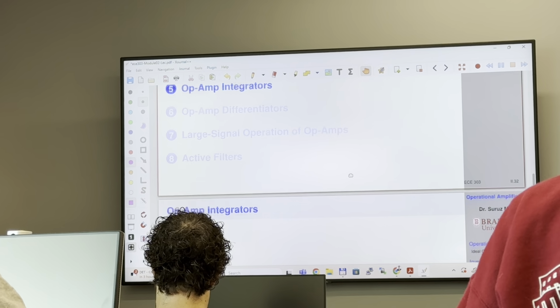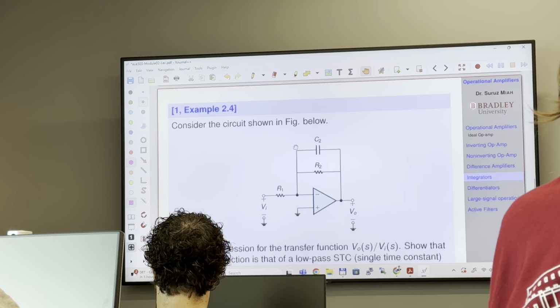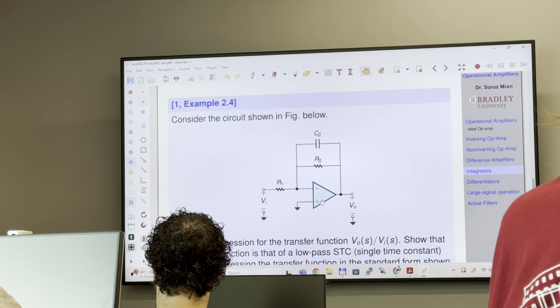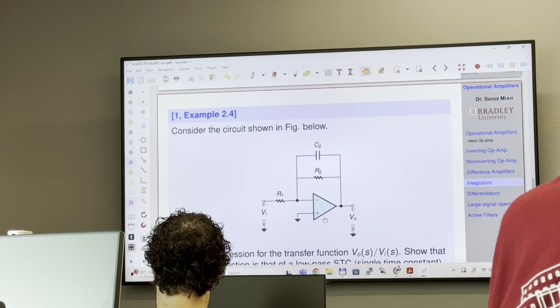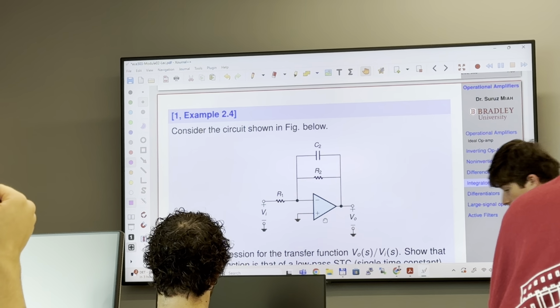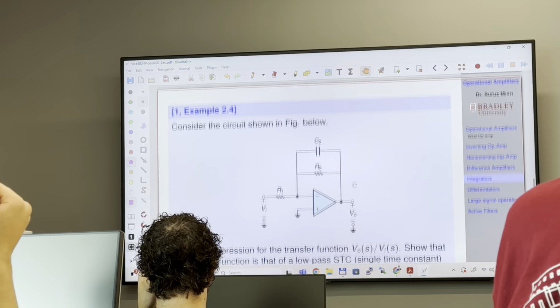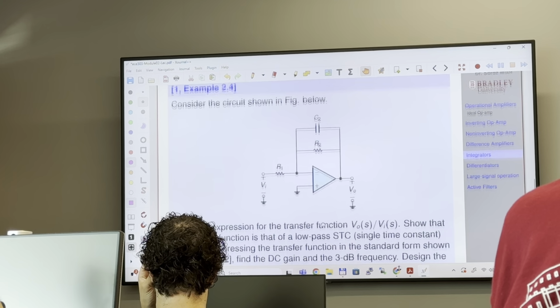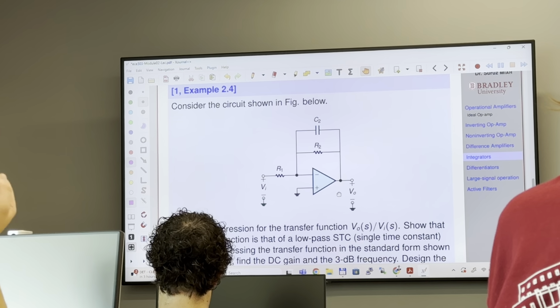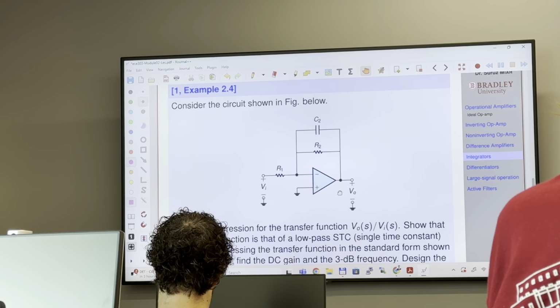Op-amp integrator. We went through this example in our previous class. You had the derivation, right?